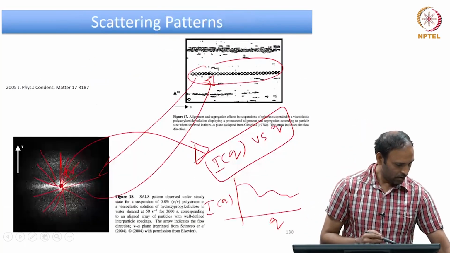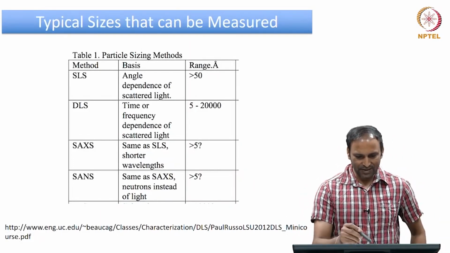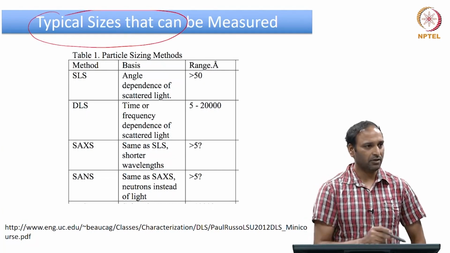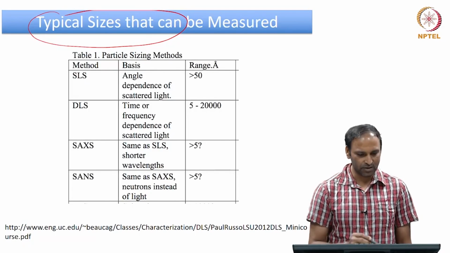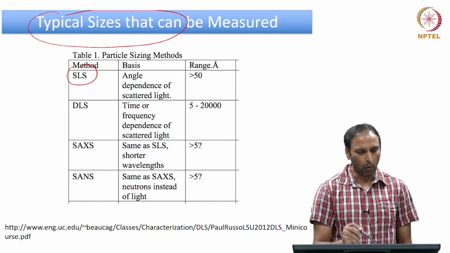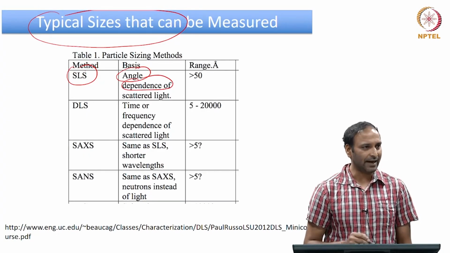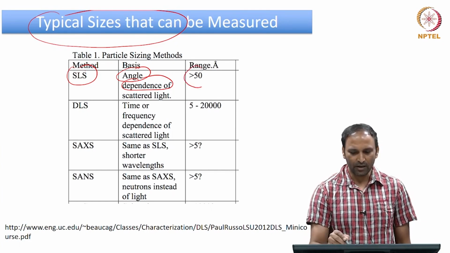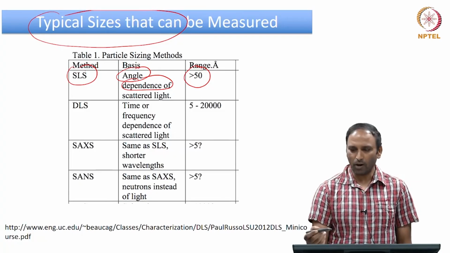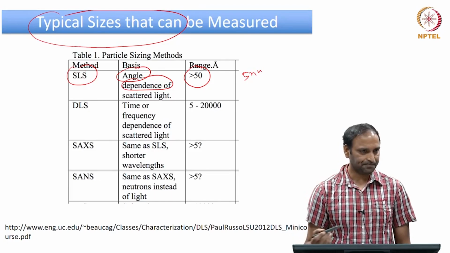Before we move on further, this will tell you something about the typical sizes that one can measure by using scattering experiments. If you look at SLS, static light scattering, what is measured is the angle dependence of the scattered light, and typically you can measure anything of size larger than about 50 angstrom, that means about 5 nanometer and above.